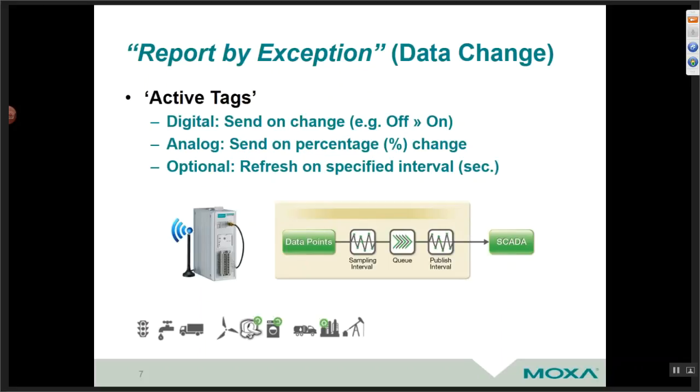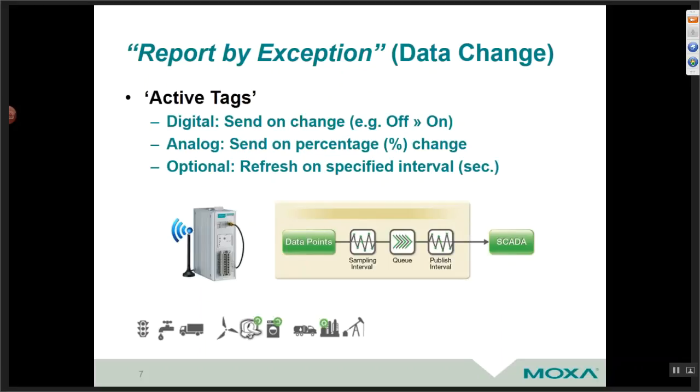So if you've got a pressure sensor that triggers and goes on, you can send the change of state information. If you're sensing an analog value, like perhaps a tank level, and that tank level doesn't change in 5 hours, you don't need to send that new value. You send it when it changes.